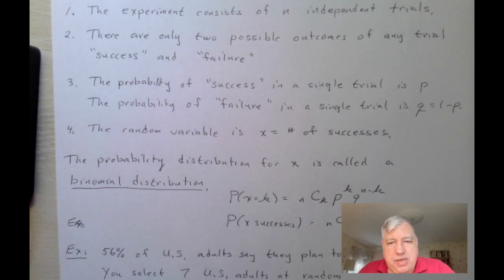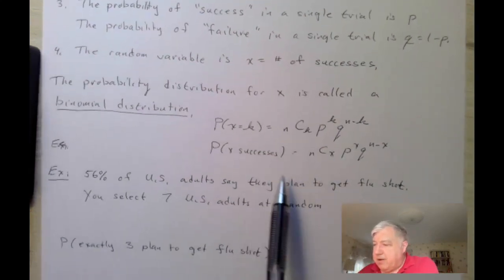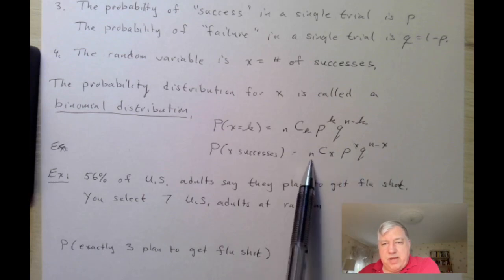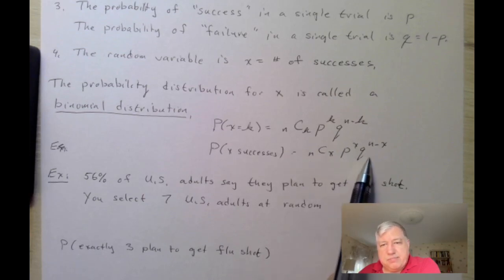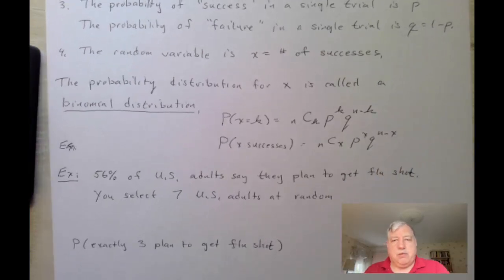So x is a discrete random variable, and because of that, we can compute the probability distribution using some of our counting techniques. So we said that the probability of x successes is given by this formula: n choose x times p to the x times q to the n minus x. We explained why that is in the last video.